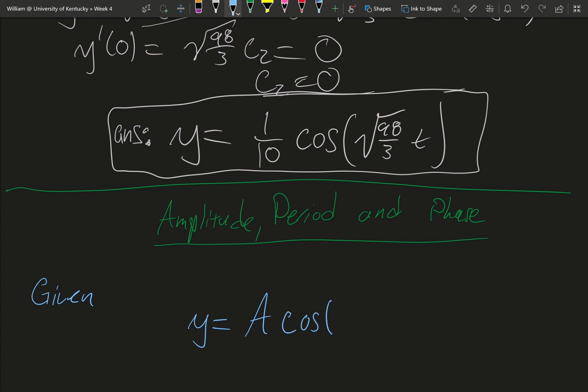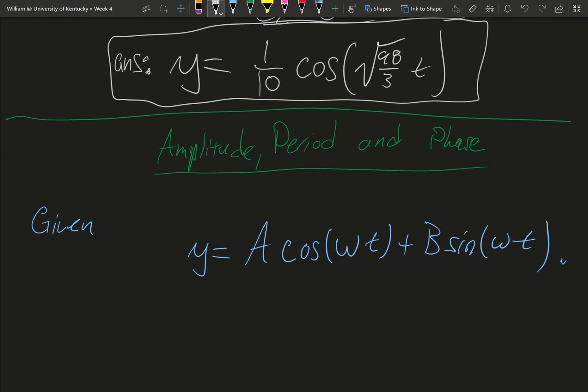I would use C1 here, but I want to emphasize that we've actually found a value for our arbitrary constants. So I'm going to use A and B, and then we're going to use the Greek letter omega for whatever we multiplied by t. Okay.